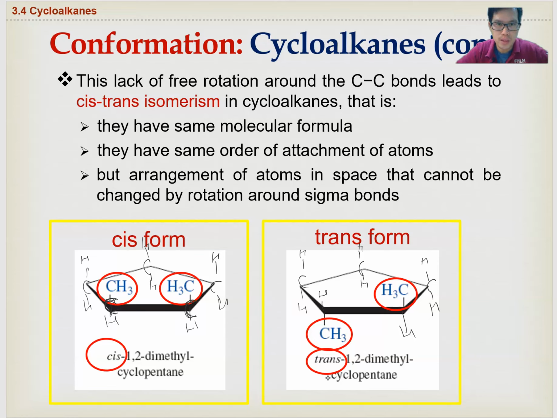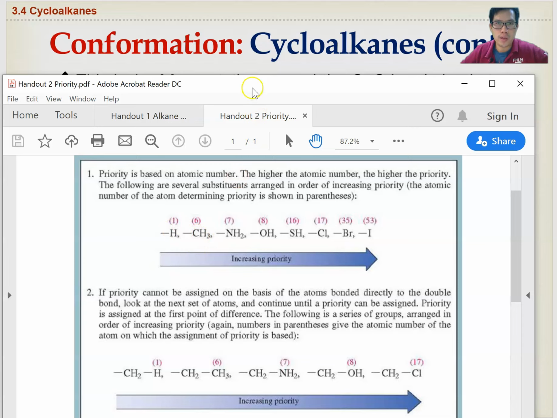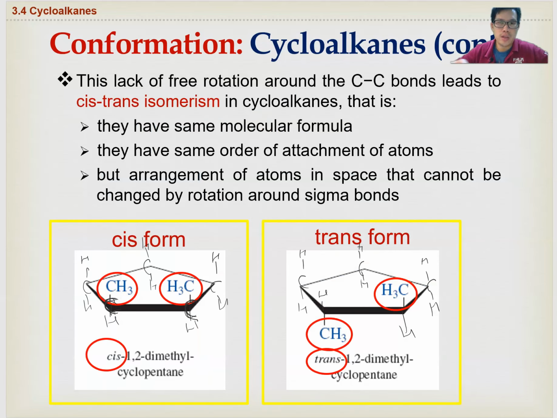CH3 has the highest priority, so we choose CH3, not H. When these two are on the same side, we call it the cis form. Again, here you choose which one has the higher priority. If one is up and one is down, in a different direction, we call it the trans conformation.